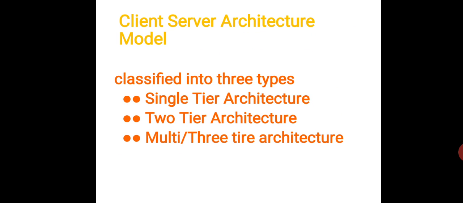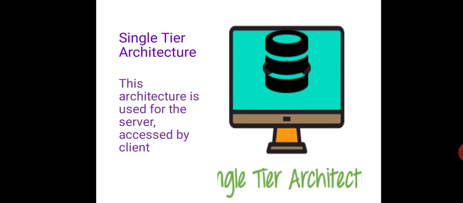So we divide the client server architecture into three types: single tier architecture, two tier architecture, and multi or three tier architecture. The first one is the single tier architecture. Single tier architecture is used for the server accessed by the client.